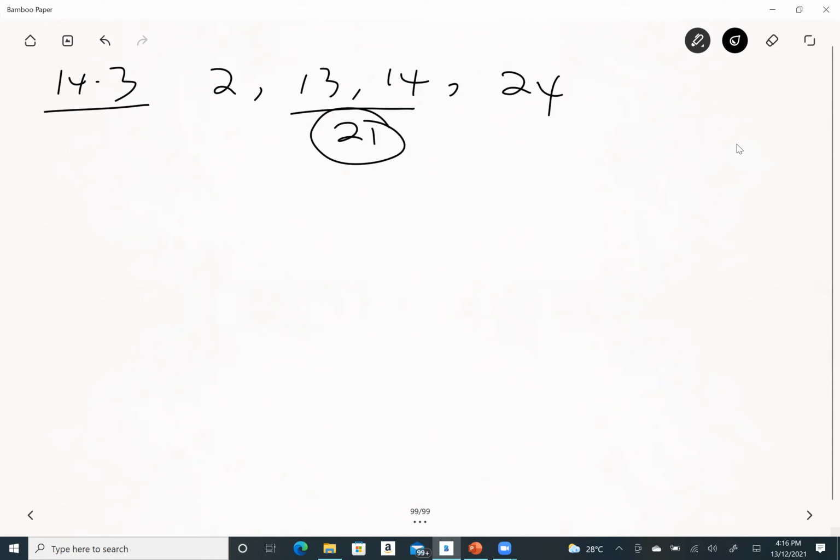For higher order derivative, we have to look at 14.2. They have the second partial derivative. So we go back to 14.2. That is the second partial.